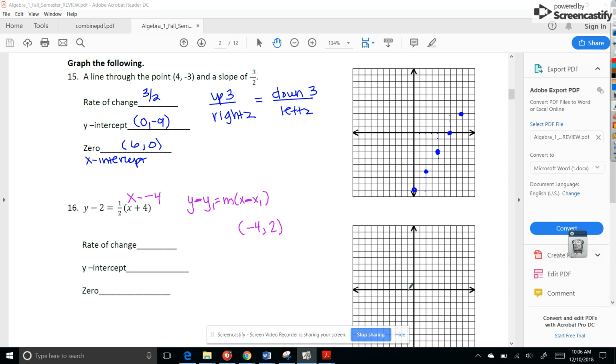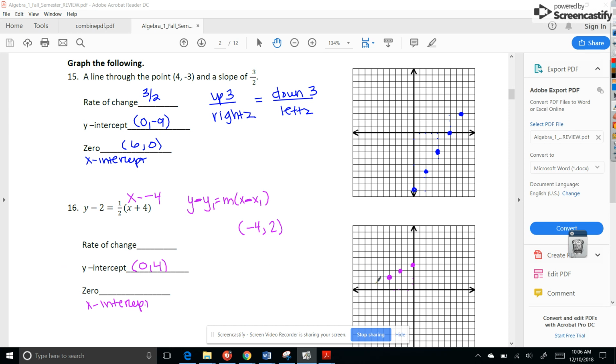That's where I'm starting. 1, 2, 3, 4, 1, 2. Now that's not either the x-intercept or the y-intercept because neither of these are zeros. I've got to find these. And my slope is a half. Up 1, right 2. There's the y-intercept. Okay, I'm going to go down and left.